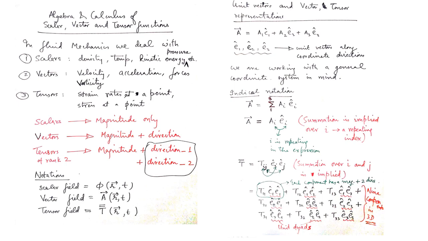Repeating means it occurs more than once. It could be occurring twice, it could be occurring thrice. So if it occurs more than once, it's a repeating index in the expression.